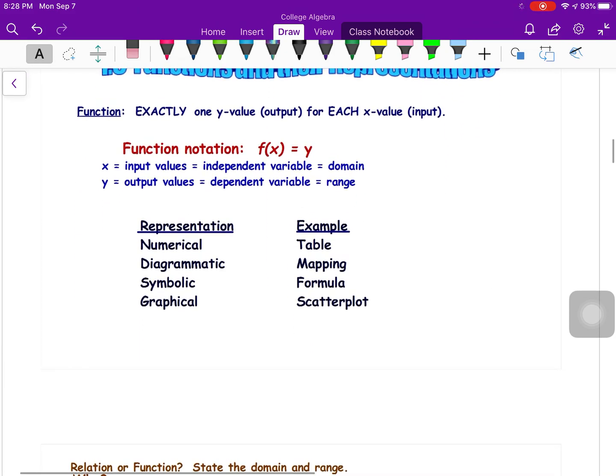Using that information, we can further define a function as exactly one y value for each x value, exactly one output for each input. Another way to state this is that no x value will repeat.